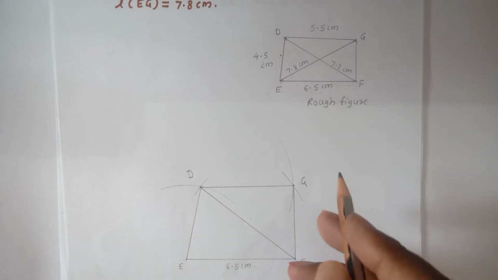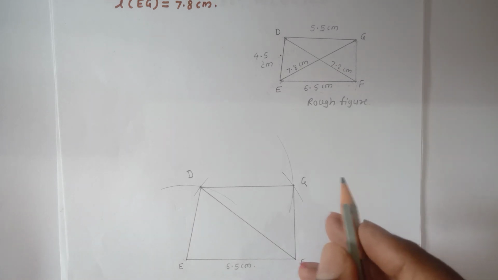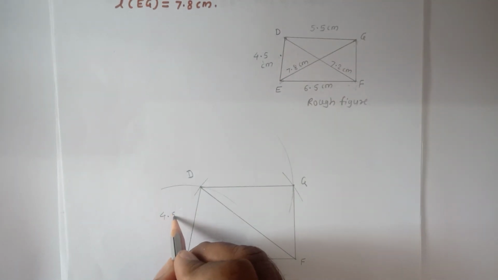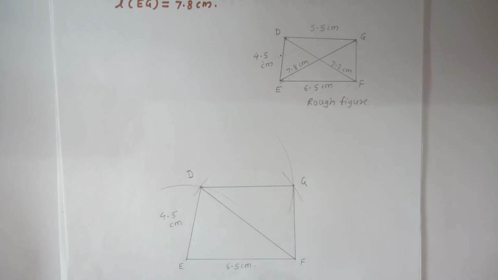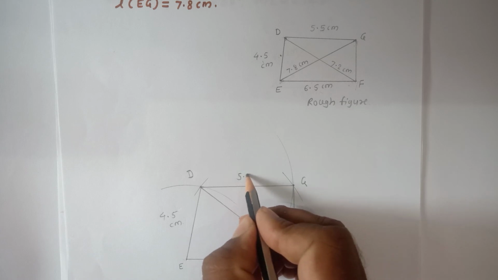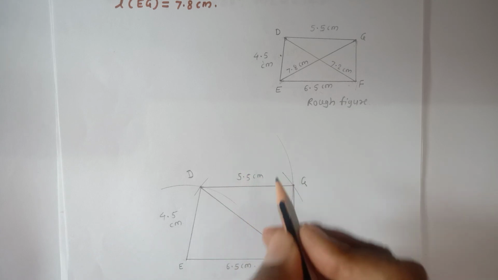Now indicate the lengths of sides. DE 4.5 centimeter, EF 6.5 centimeter, DG 5.5 centimeter.